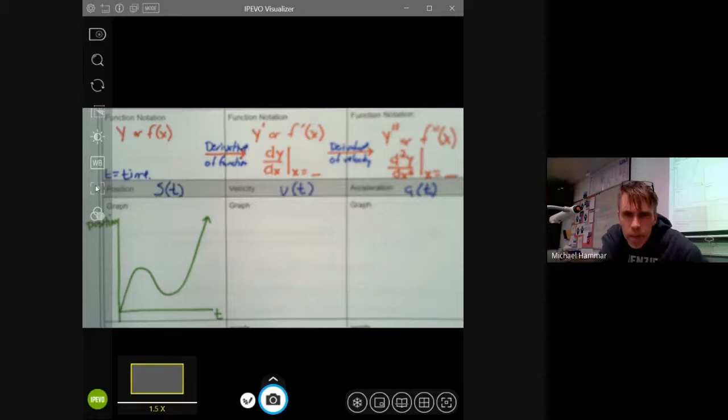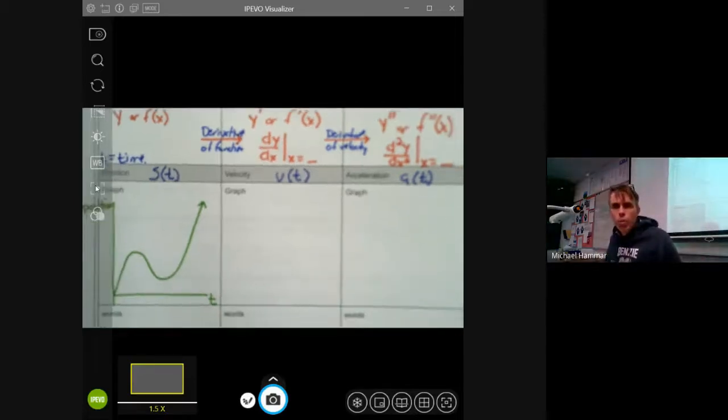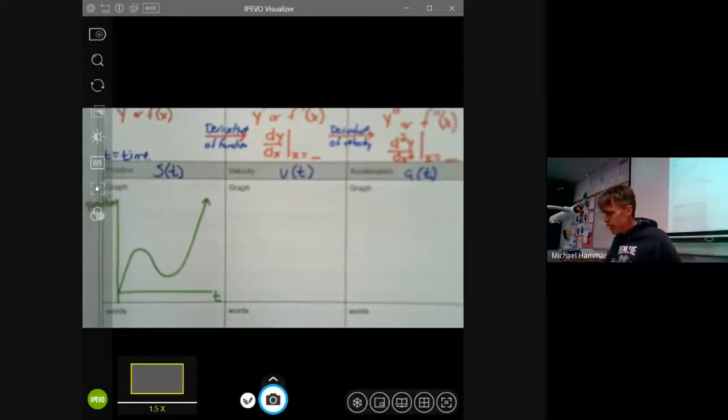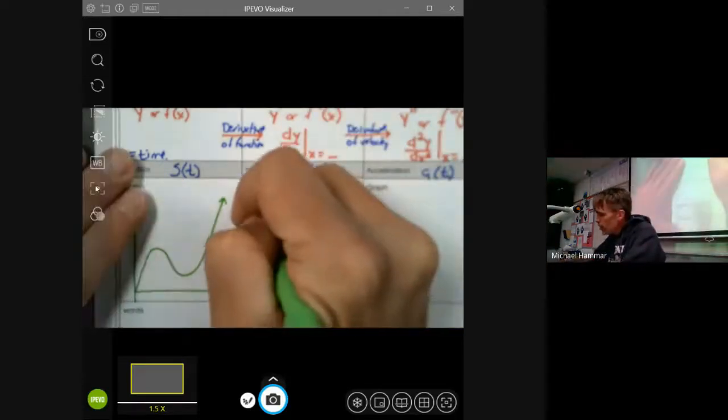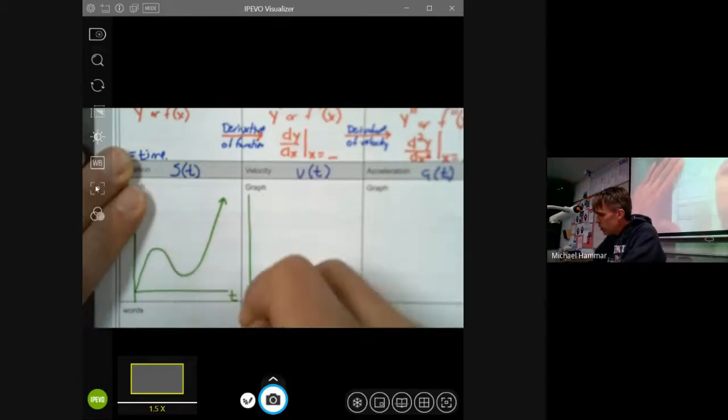Okay, so now, what does that mean graphically? Well, graphically, if we had this function here, let's go ahead and draw the derivative of that function.